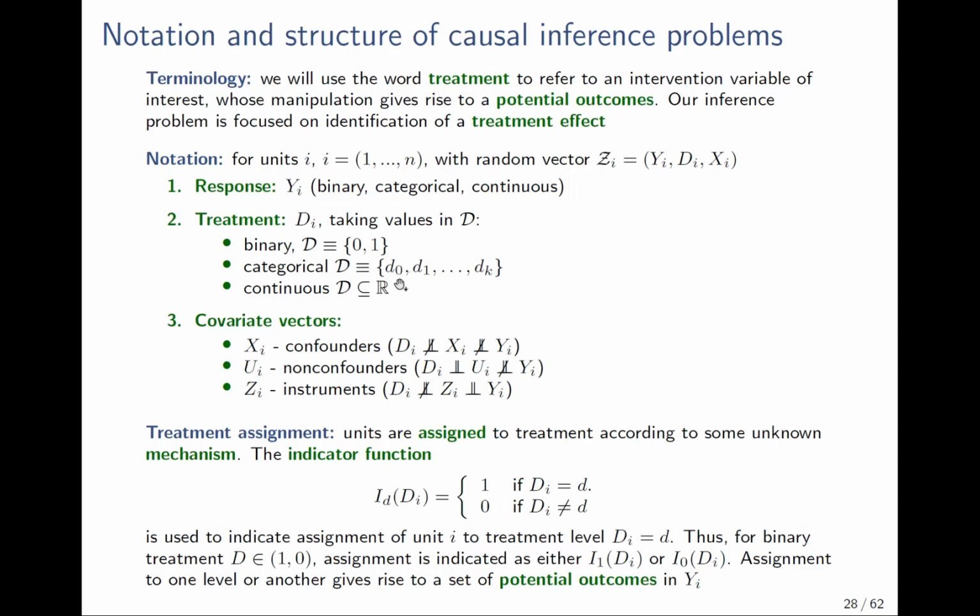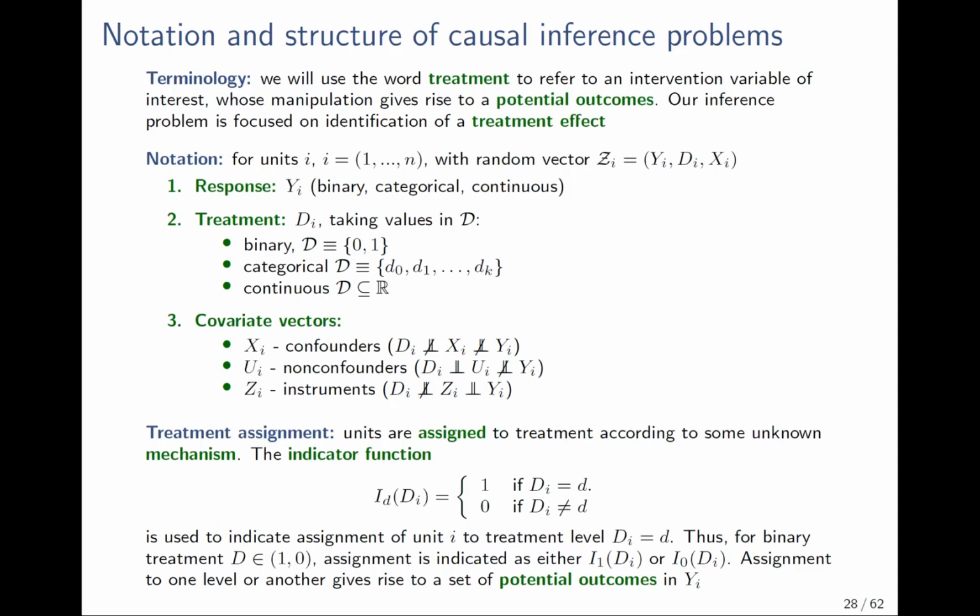Notice that we're using small d to denote specific values. So this is the random variable, capital D, and small d's are fixed values. And the third element that we're going to use for causal inference is a covariate vector. Note, a vector, we're not going to put these symbols in bold, but this X is not necessarily a single variable, it could be a vector.